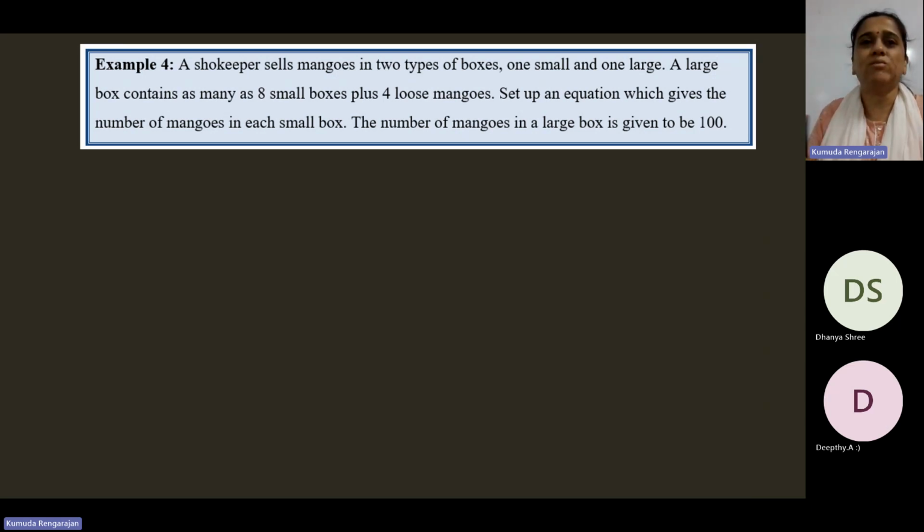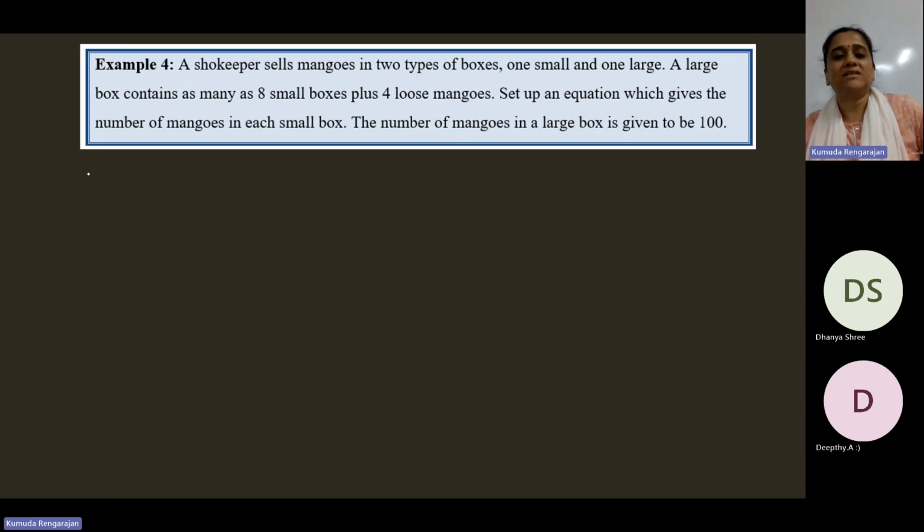You don't want to pick another box and put 4 mangoes in it because you don't want to waste the box. You want to fill every box with 10 mangoes. You have only 4, not sufficient to fill the next box. So they are called the 4 loose mangoes.